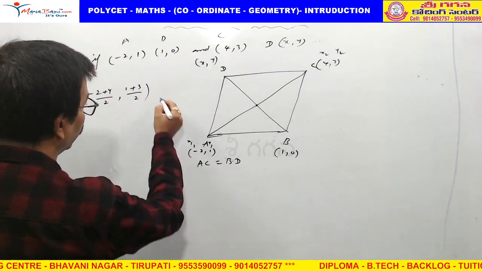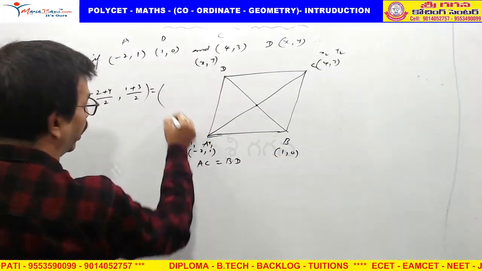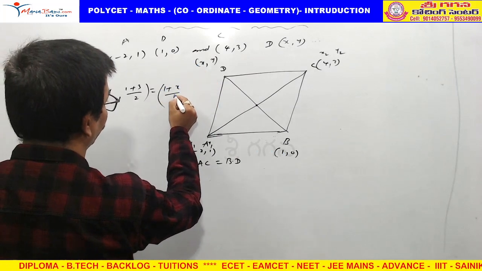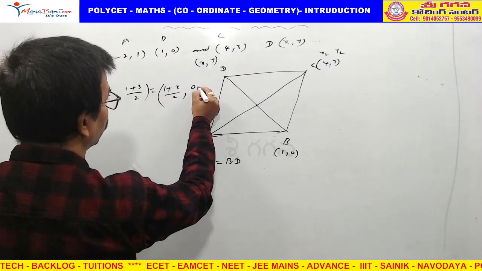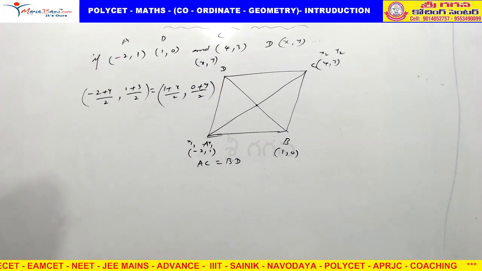In between equal will come. Now you have to find the BD midpoint. So x1 here, that means (1 + x)/2 comma (0 + y)/2, nothing but y by 2. Okay, if you simplify you will get the answer.